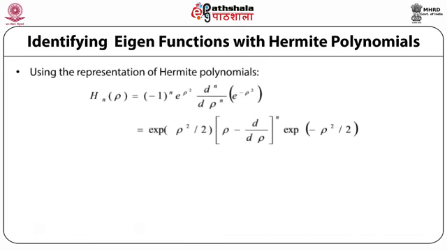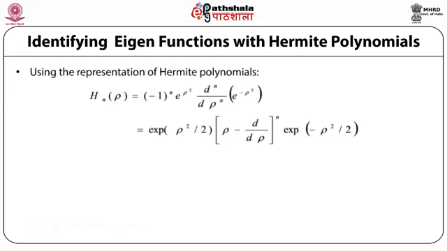Identifying eigenfunctions with Hermite polynomials. Now, we can use the representation of the Hermite polynomials, which is given by h n as a function of rho is equal to minus 1 whole to the power n exponential to the power rho square, the nth derivative with respect to rho of exponential to the power minus rho square.